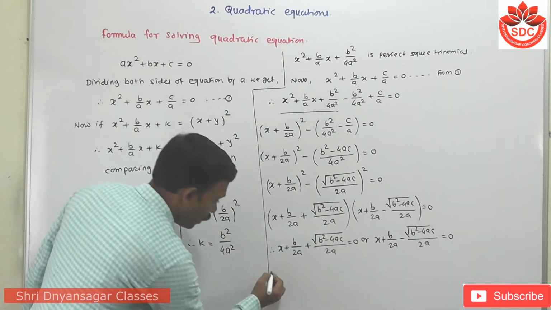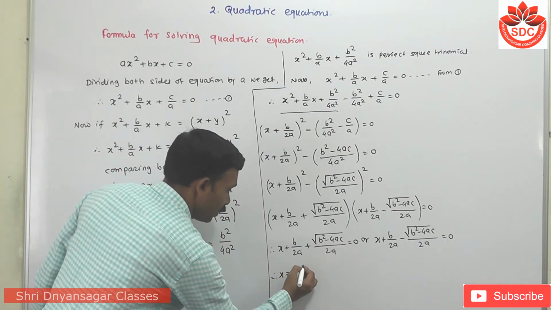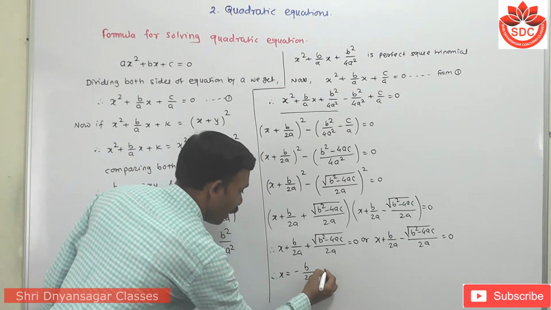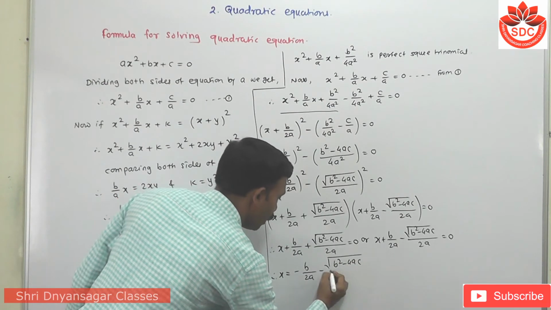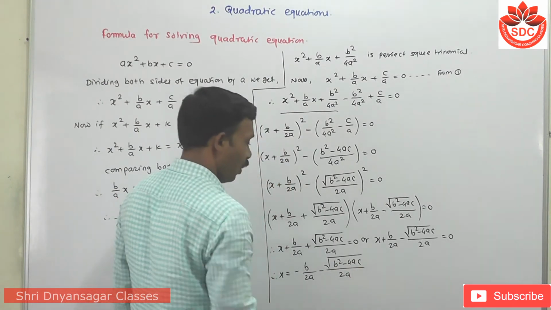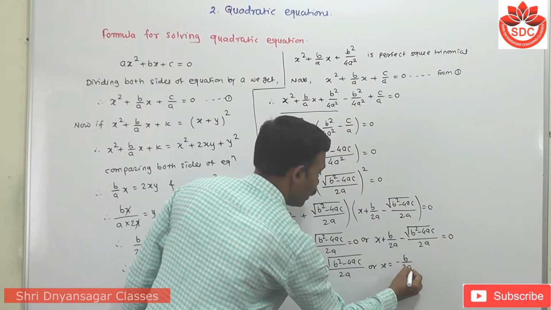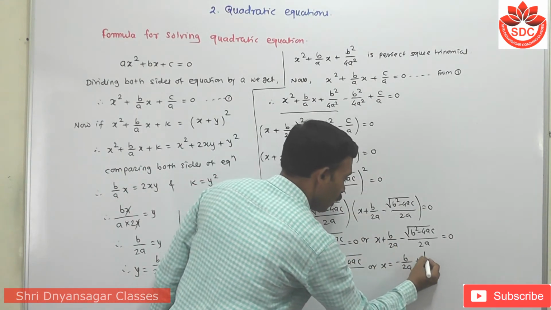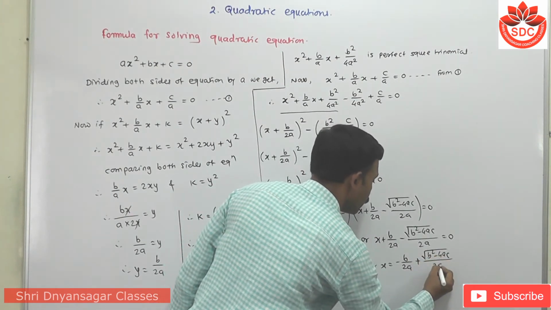We get here x is equal to minus b upon twice a minus root of b square minus 4ac upon twice a, or x is equal to minus b upon twice a plus root of b square minus 4ac upon twice a.